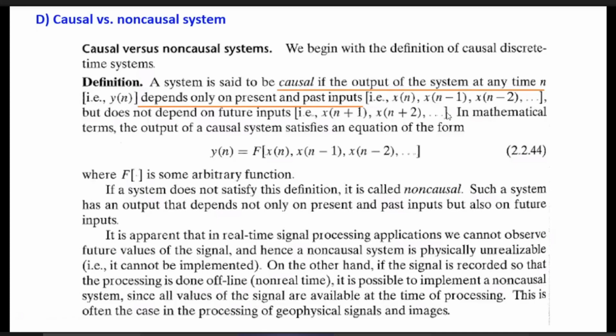Then the present is x of 5, and x of 5 minus 1, that is x of 4, then x of 3, all these samples have gone, so they are the past.